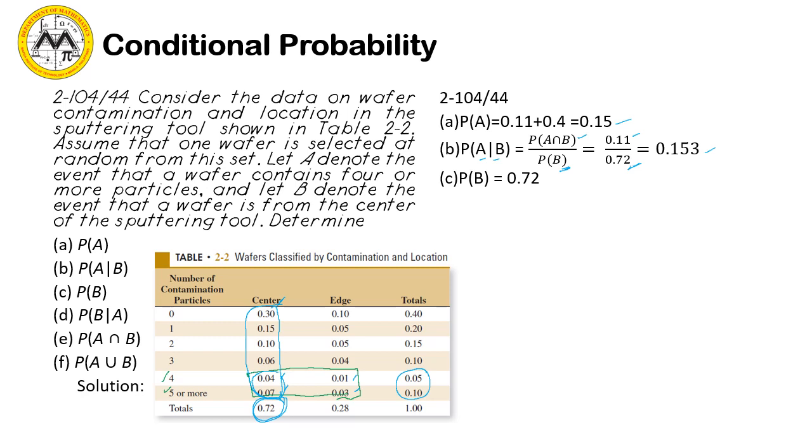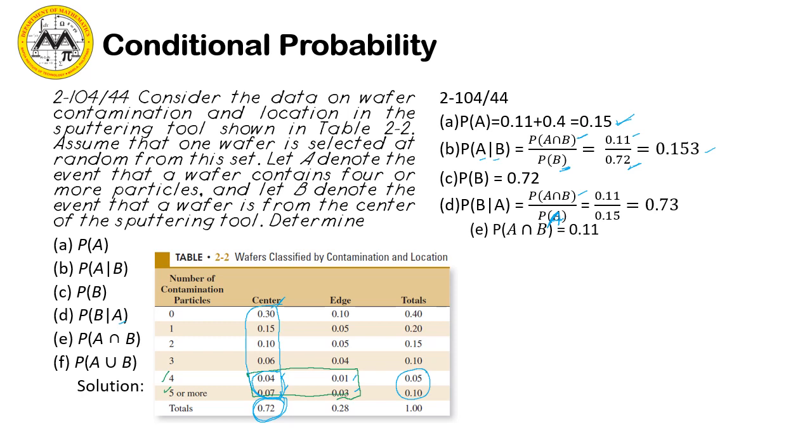P of B given A is the intersection of A and B, but this time the denominator is P of A. So 0.11 over 0.15, since P of A is 0.15 and A intersection B is 0.11. So that's 0.73.